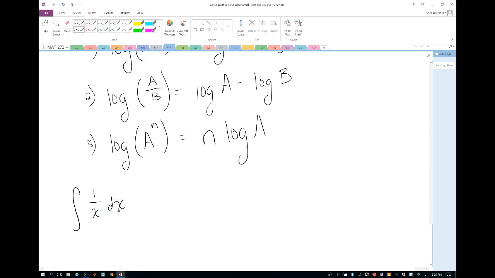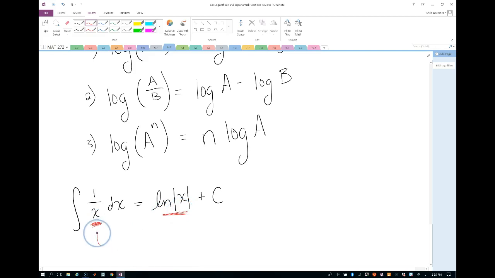So the antiderivative for 1 over x with respect to x is natural log of the absolute value of x plus c. Now the absolute value is important because we want to make sure that whatever values can be plugged into that original integrand, those same values can also be plugged into our antiderivative.